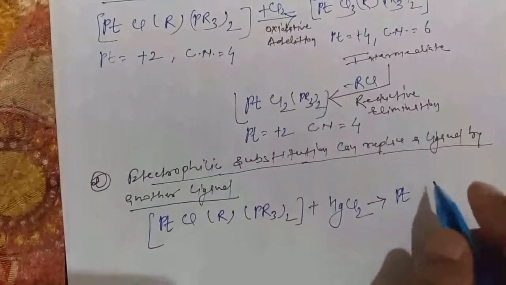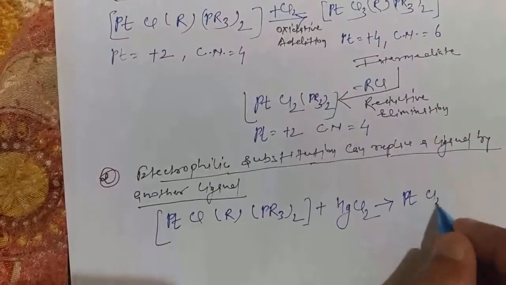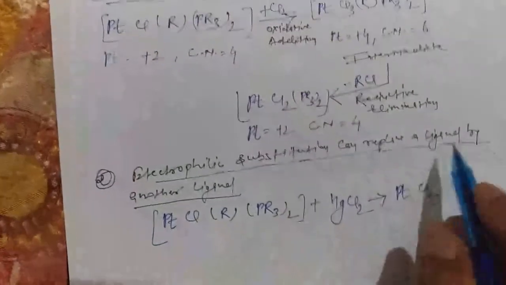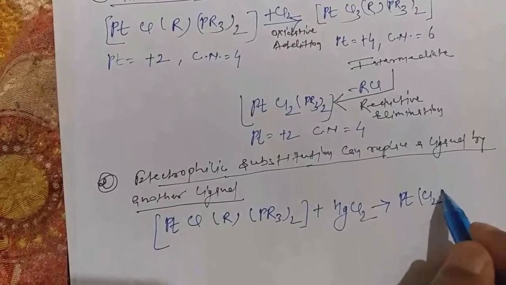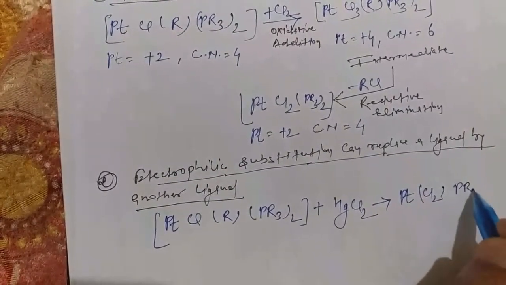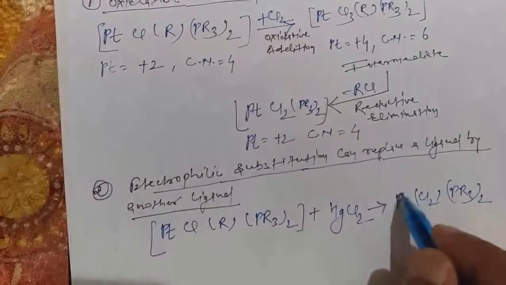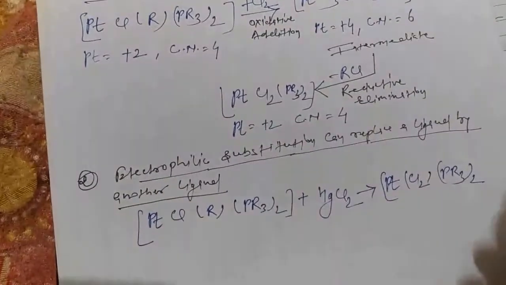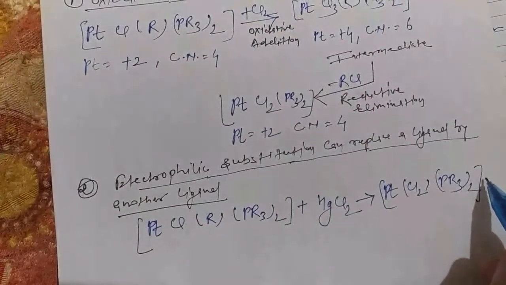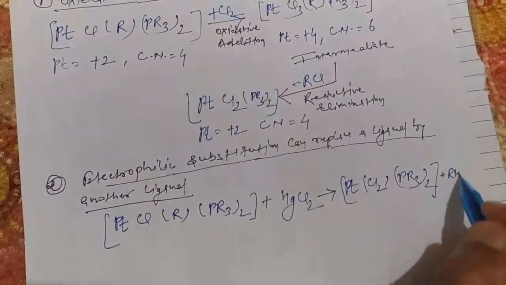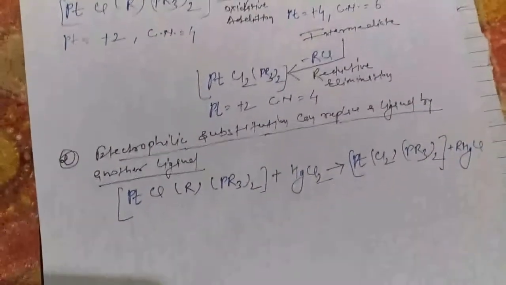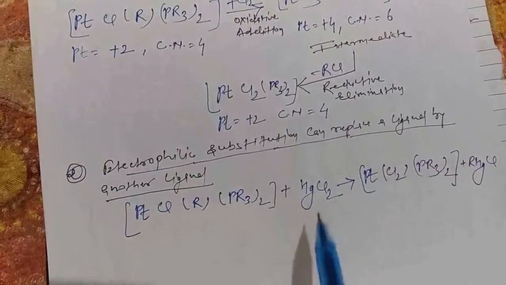Platinum, then Cl2, one Cl from HgCl2 will be taken, and then PR3 whole twice. And we'll get RHgCl. So this Hg is the electrophile.